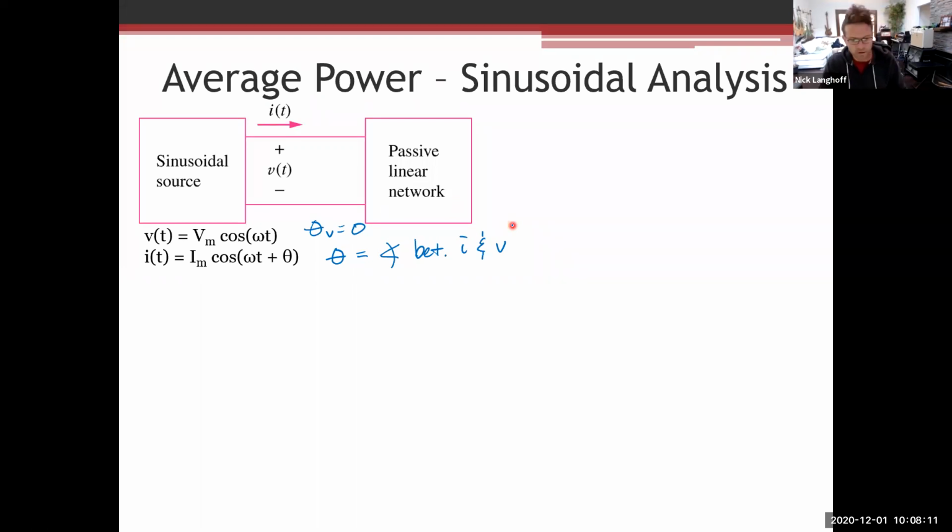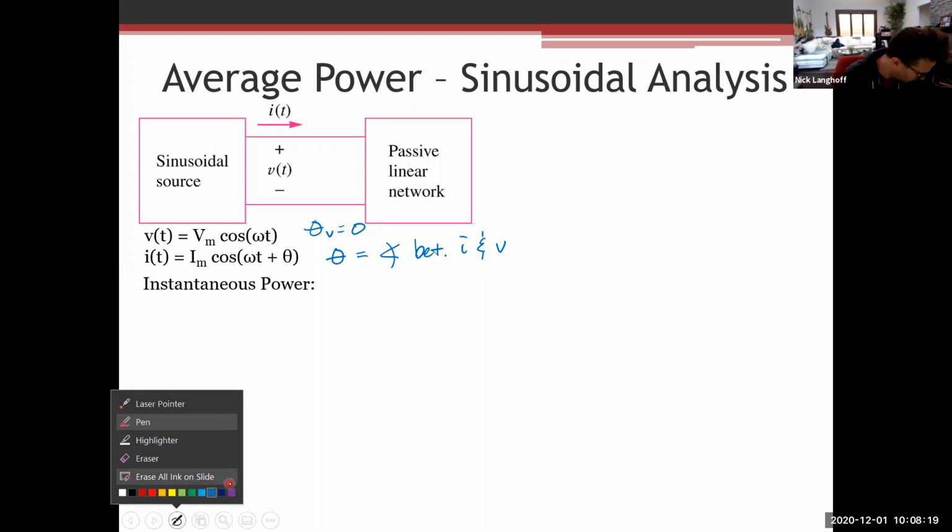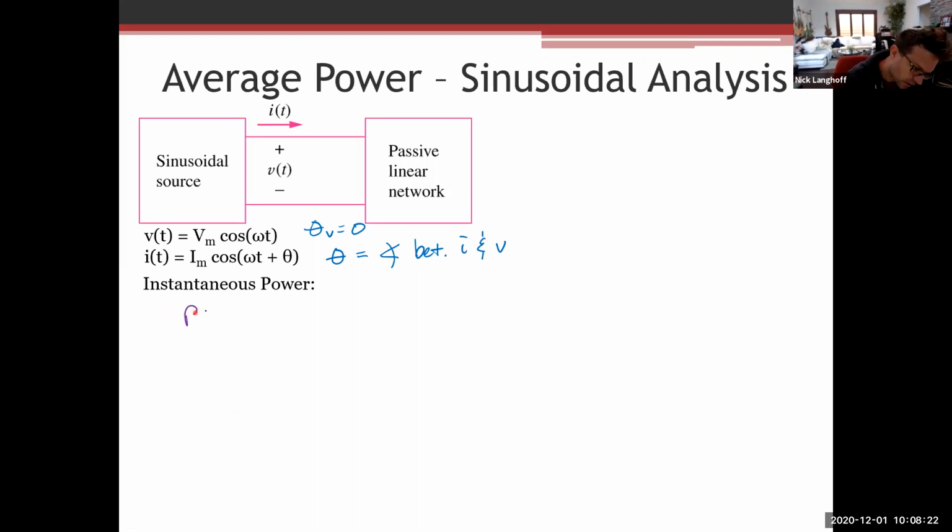Now what we're going to do is take a look at the instantaneous power of this. Let's go through and do a derivation here. The instantaneous power is equal to IV, which, if we plug in the sinusoids directly, is Imax times Vmax times the cosine of omega t times the cosine of omega t plus phi.